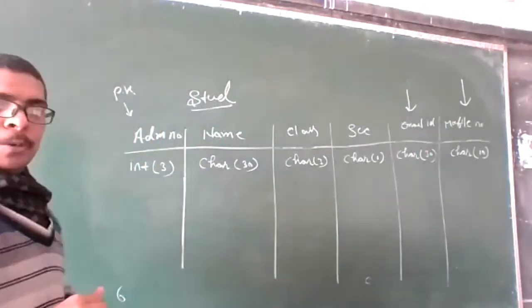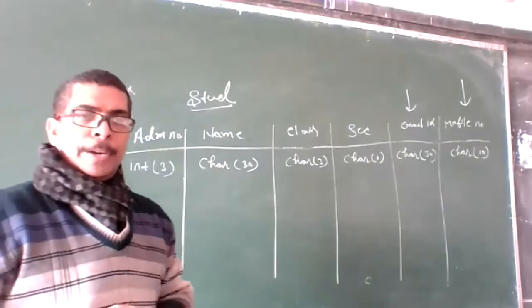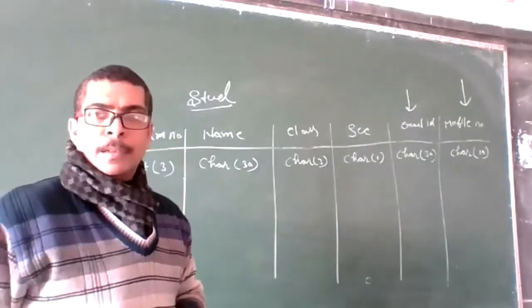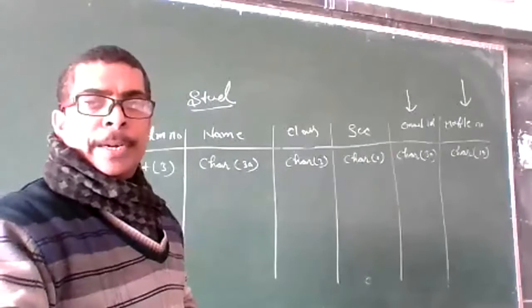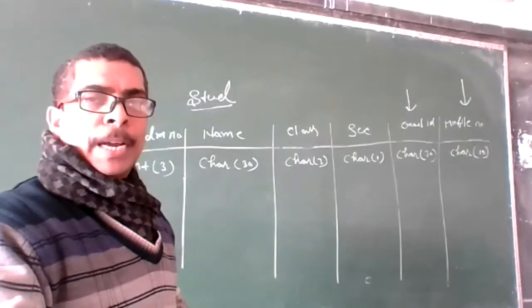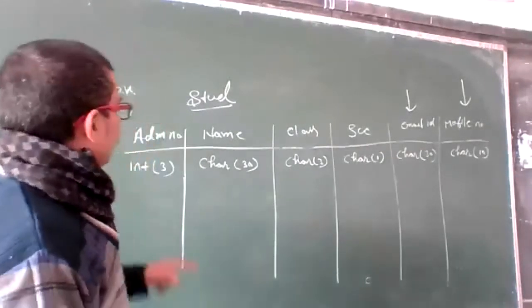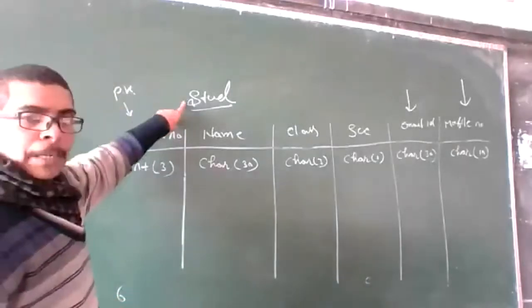When we are going to create the table, we must have something in our mind. What thing should we know? First thing, we must know the name of the table.